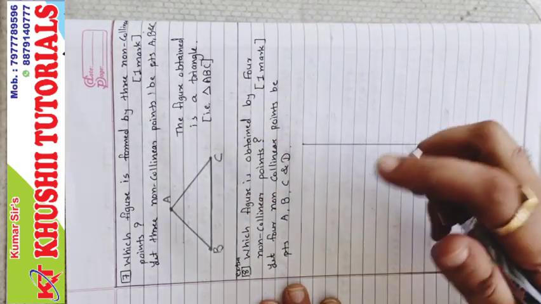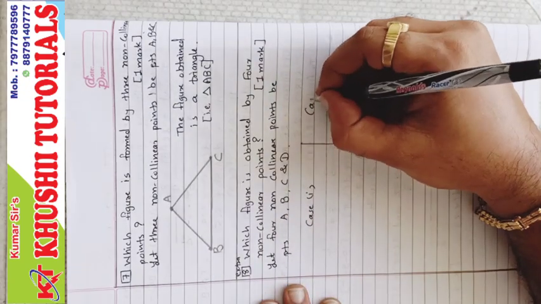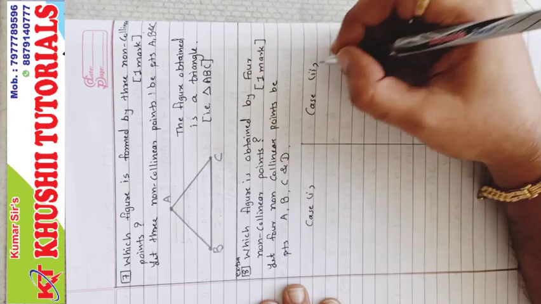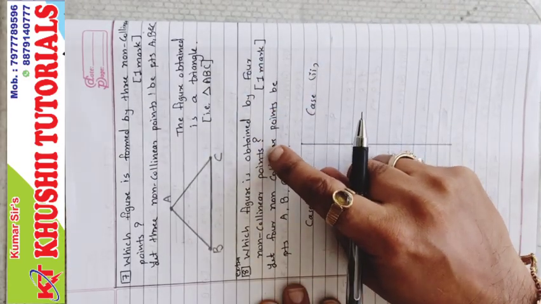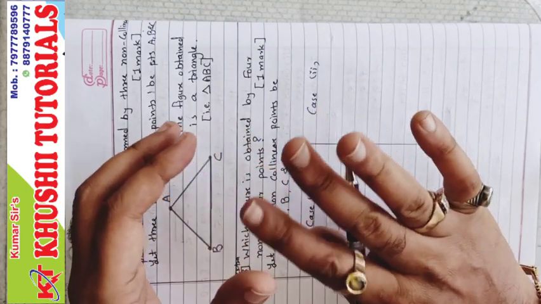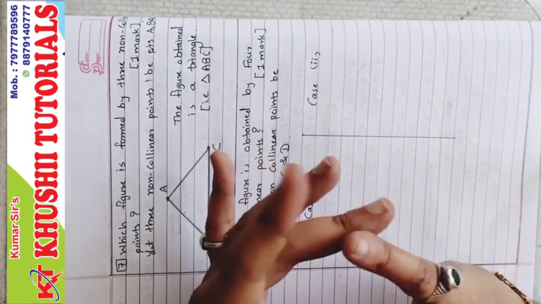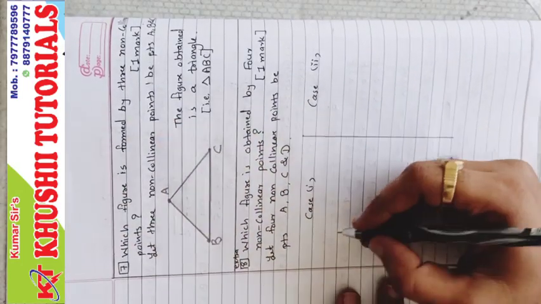Now there are 2 cases. Case 1, case 2. Now why case 1 and case 2? Here they have told 4 non-collinear points. It means 4 of them are non-collinear, but in the first case we will take 3 collinear and the 4th one not collinear.